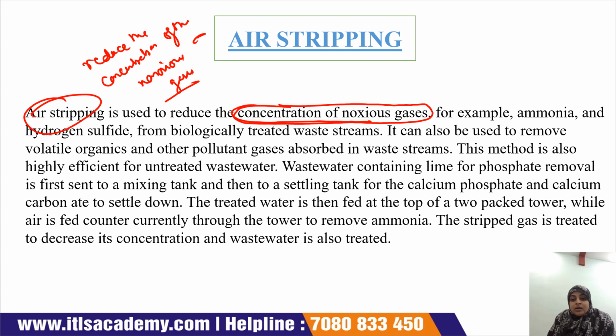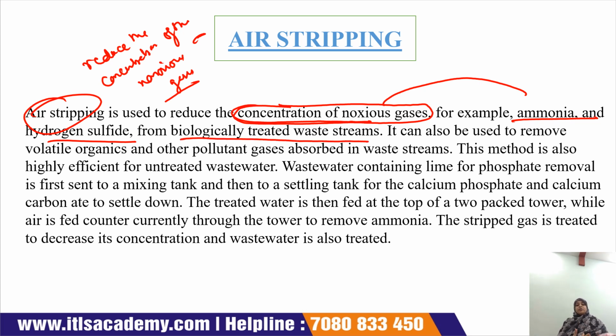These noxious gases are ammonia and hydrogen sulfide from a biologically treated waste stream. If we have a biologically treated waste stream and we have to remove noxious gases like ammonia and hydrogen sulfide, then we use the air stripping method.